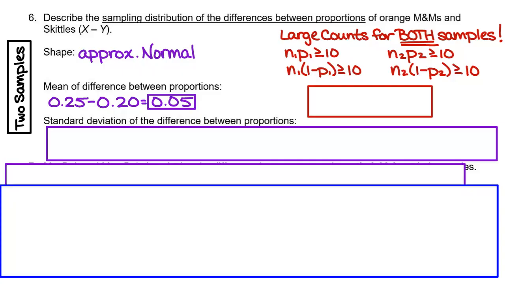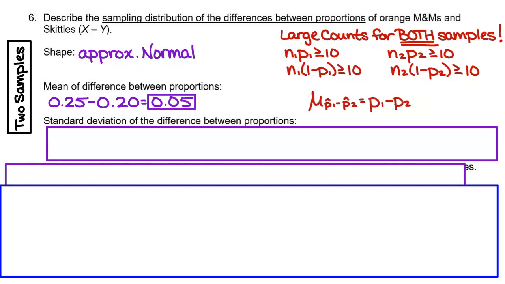You guys already told me that we're going to subtract the means. So the mean of the difference would be 0.05. Mean of p hat 1 minus p hat 2 is going to be p1 minus p2. It's always standard deviations, though, that are a little bit weird.